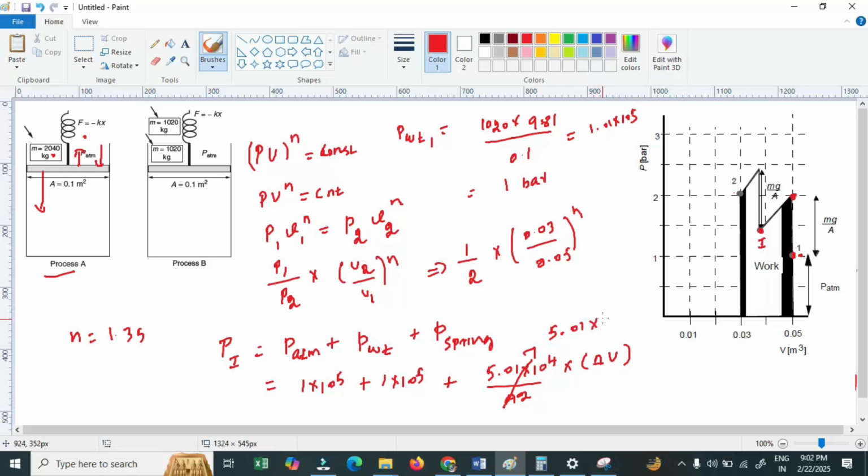So I'll be adding 2 multiplied by 10 power 5 plus 5 multiplied by 10 power 6 times V intermediate minus V1, that is Vi. That's what I want to calculate. Now two unknowns are there, V intermediate as well as the pressure.